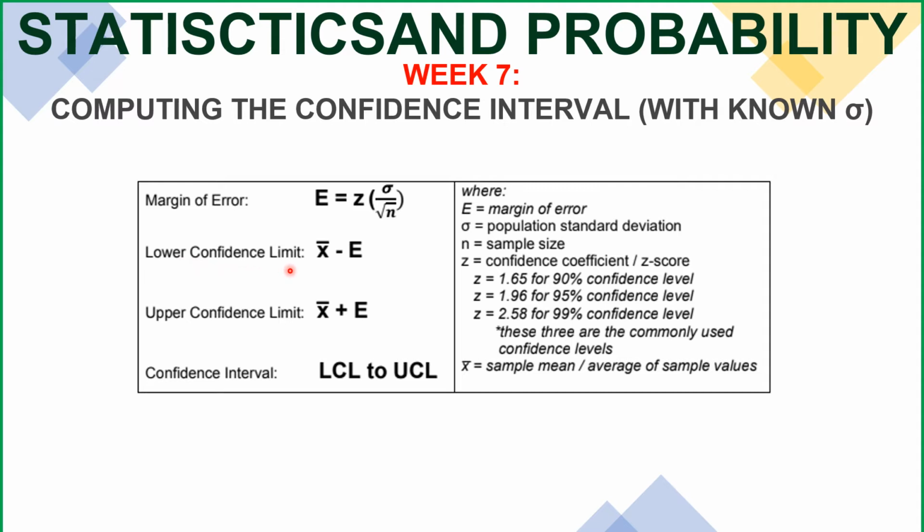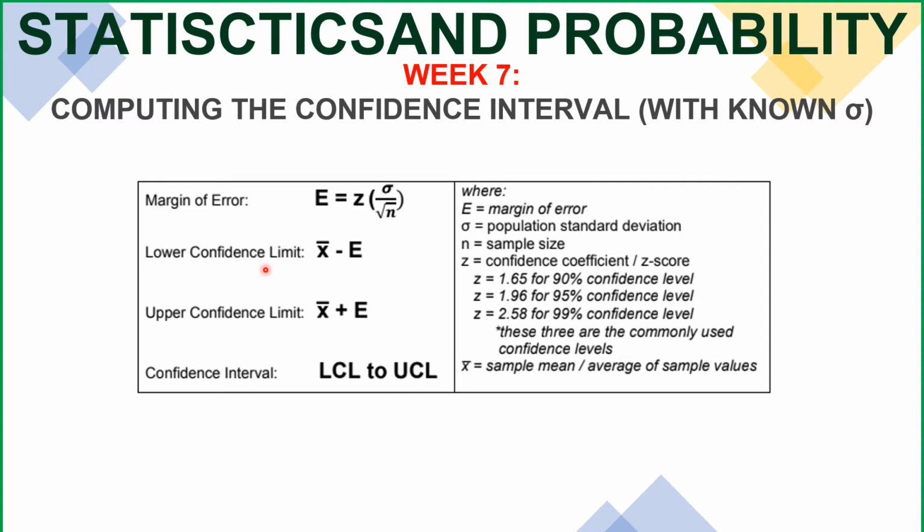How about the lower confidence limit? To compute for that, we have to get the sample mean or average of sample values, the x bar subtracted sa margin of error natin. How about the upper confidence limit? So, x bar plus margin of error.